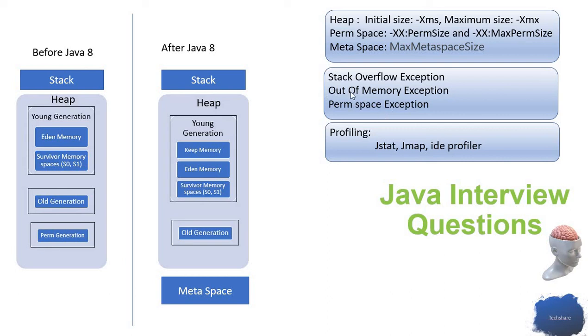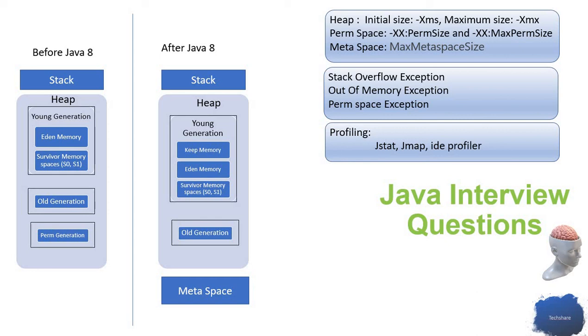And the out of memory exception or PermGen space exception may be because of a memory leak. For example, you have a connection pool object, and you forgot to release the connection pool. So you are always storing that in your memory. Every time you get a connection, you create a new connection pool object and keep storing that in your memory without releasing it.